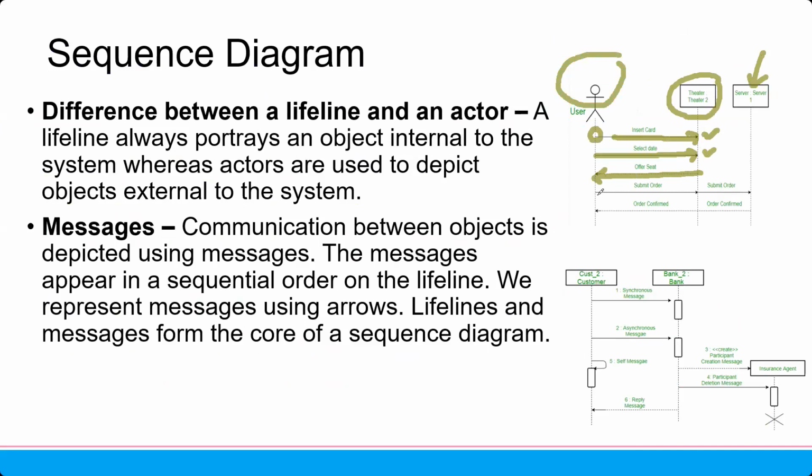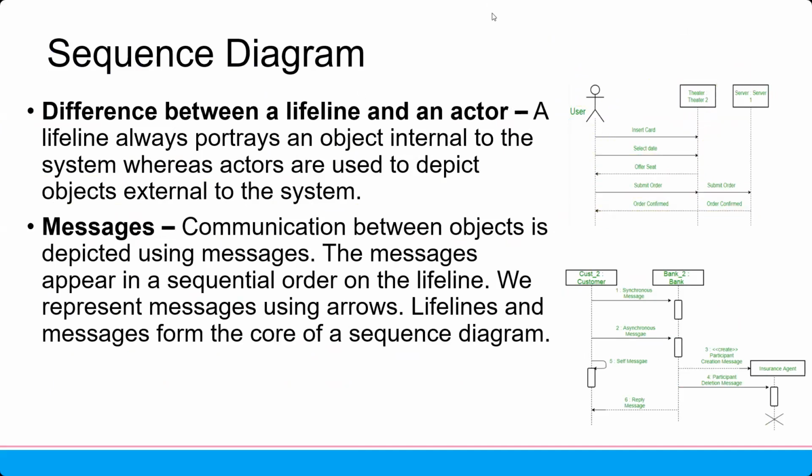And then after the user decides, he will submit the order, and the order submission will go to the server. If everything is fine, then the order will be confirmed to the user. So this is one example of the sequence diagram.